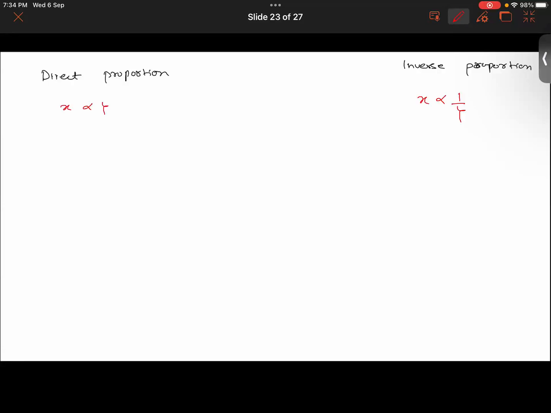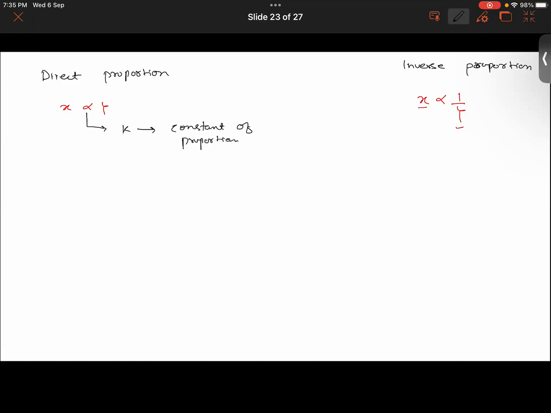So we were talking about direct proportion and inverse proportion. There was an inverse relation between the quantities x and y in the case of inverse proportion. Here this proportion sign can be replaced by k, which is basically the constant of proportionality.